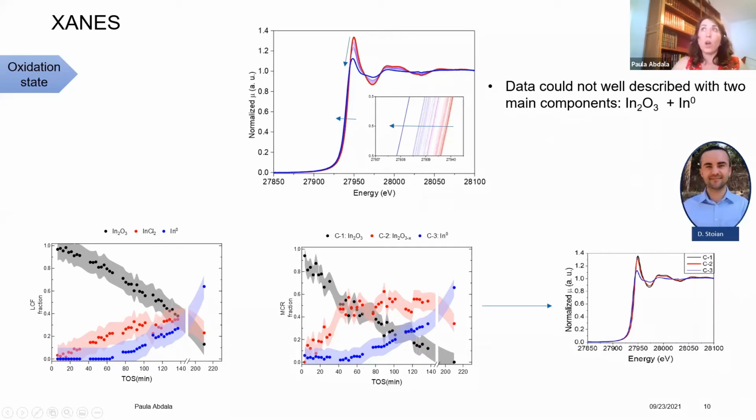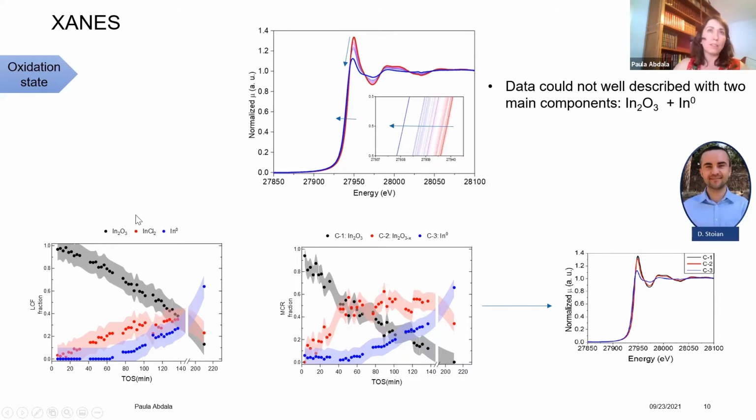There is no intermediate state reference available for indium oxide. So our second attempt to fit this data was using indium chloride as a reference for +2. And we observed that the data was indeed better fitted, and this would suggest the presence of an intermediate state.